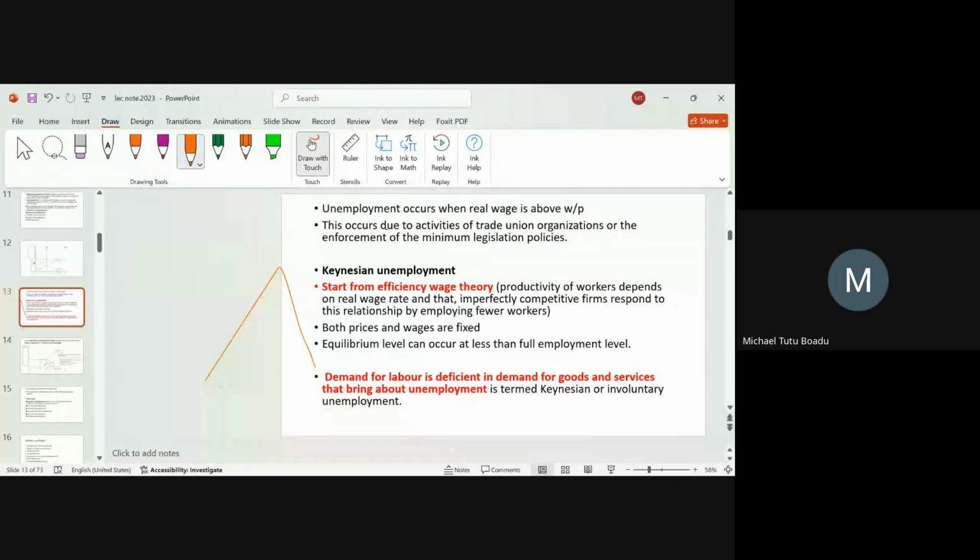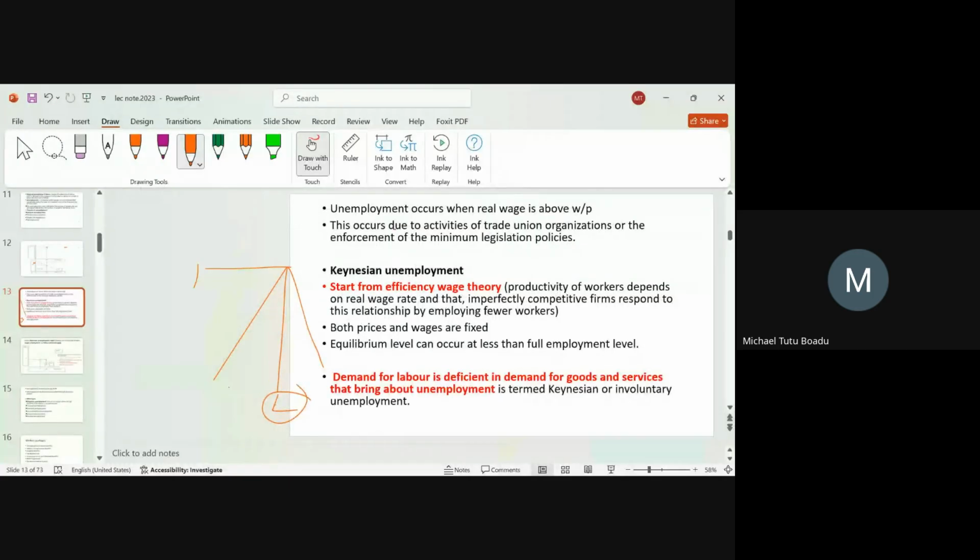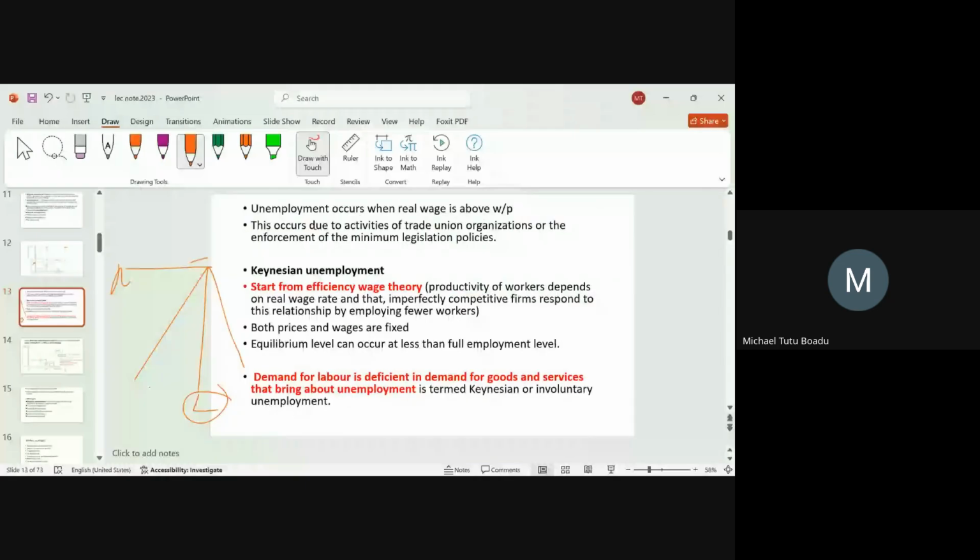This is the highest amount of people you have to hire, L, so that you can get the highest profit. If you keep on increasing the number of people to hire, your profit will be falling. If you employ below this L, your profit will also be low.